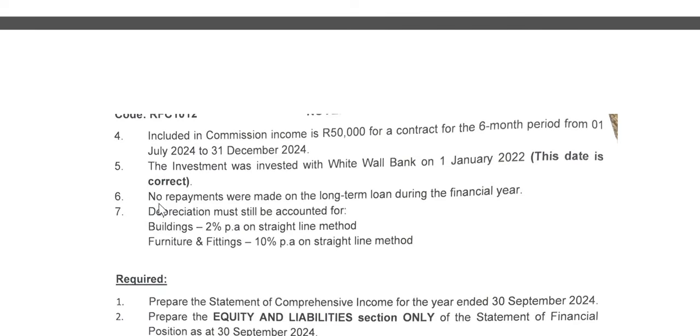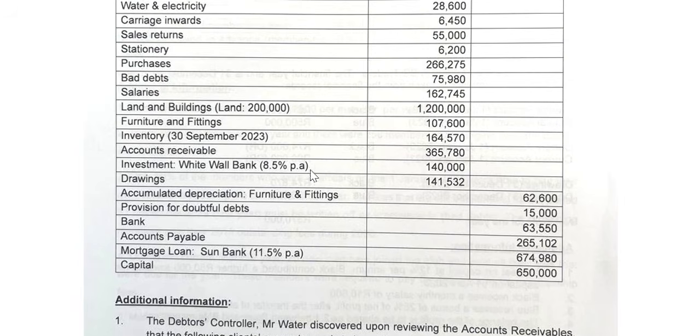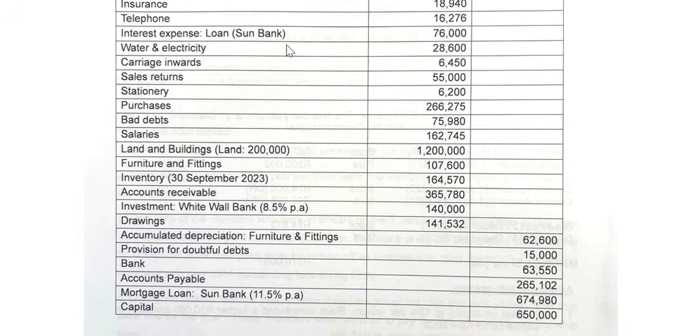Now it says number 6, no repayments were made on the long-term loan during the financial year. So there's a mortgage loan, it's at 11.5% per annum of 674,980, that is going to be our interest expense. And we check, is there a balance for this interest expense?